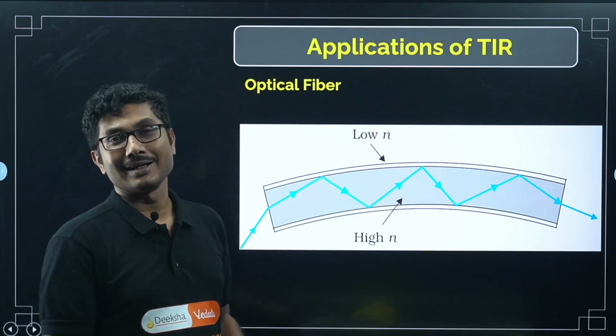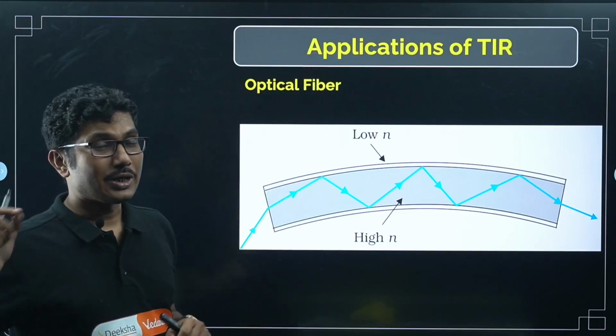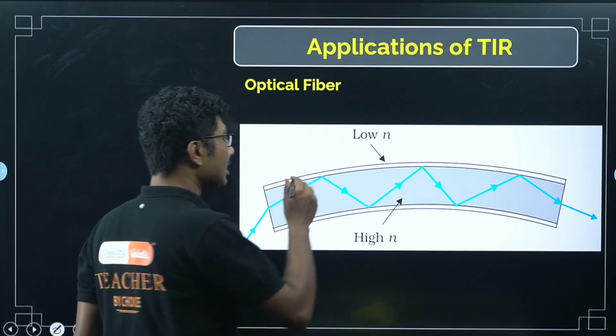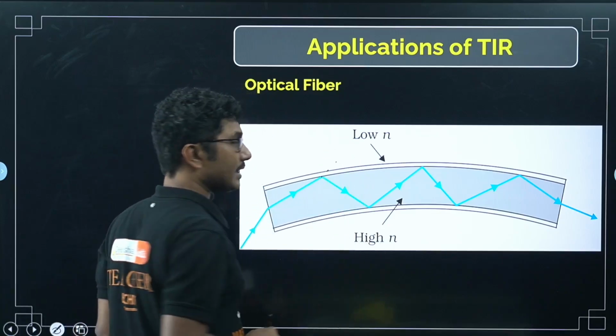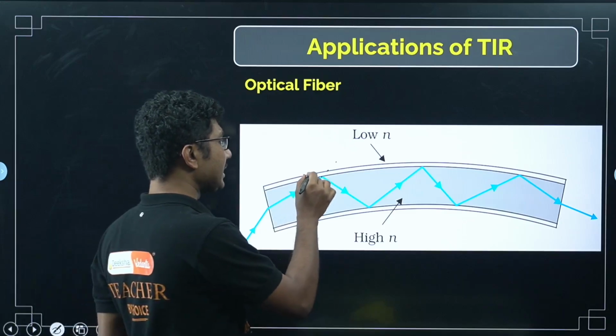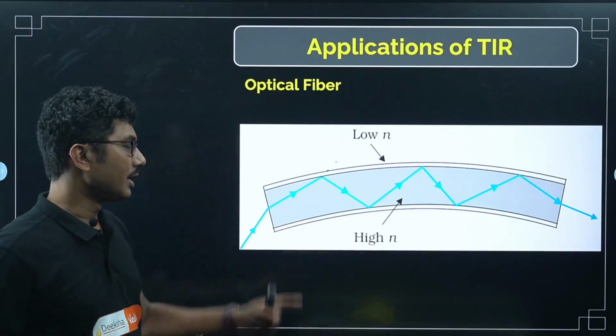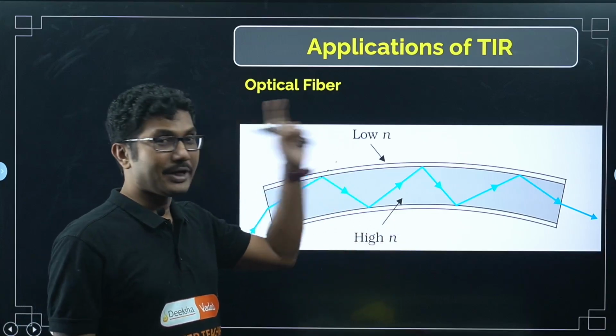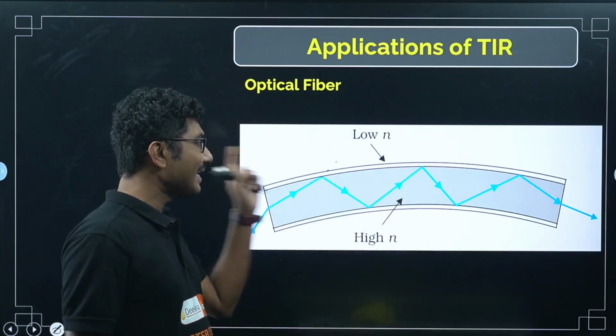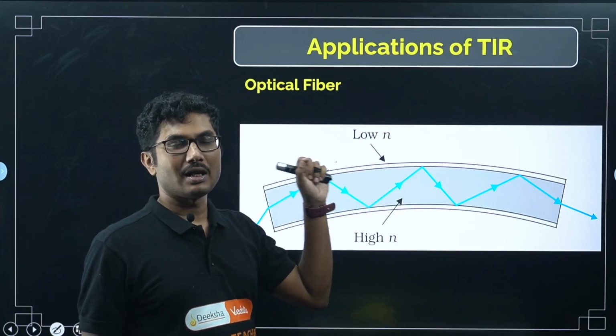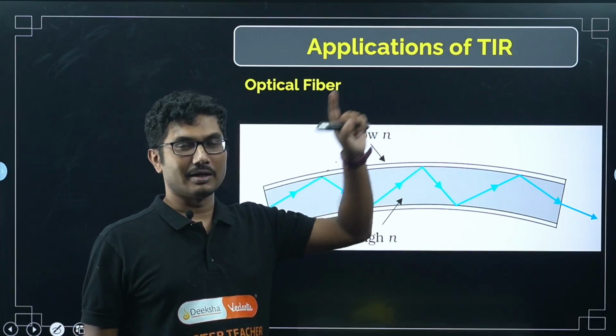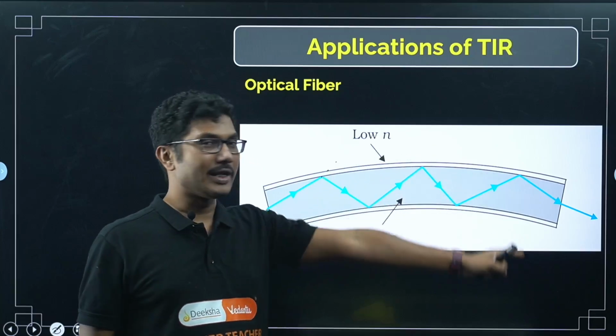Total internal reflection, as the name suggests, means none of the light can pass to the other side. The entire 100% of the light is reflected within the medium. That's why the entire light, without losing anything, can transfer from the starting point to the ending point.